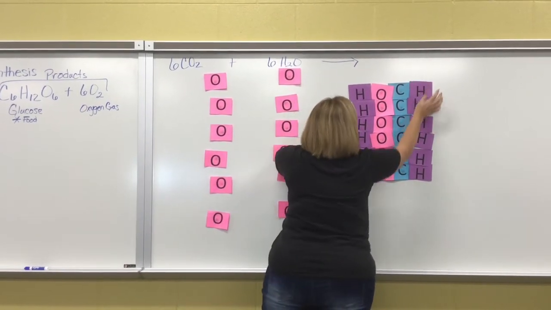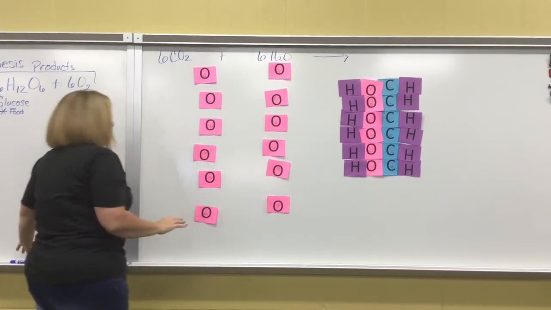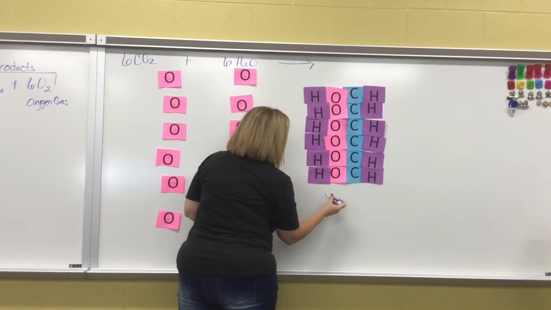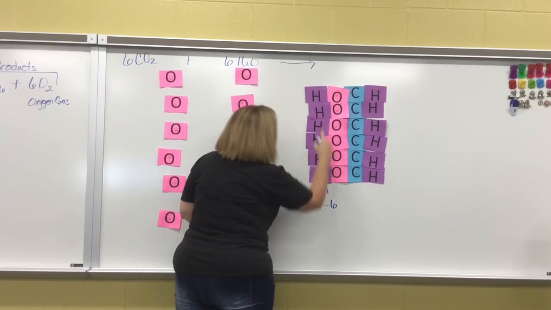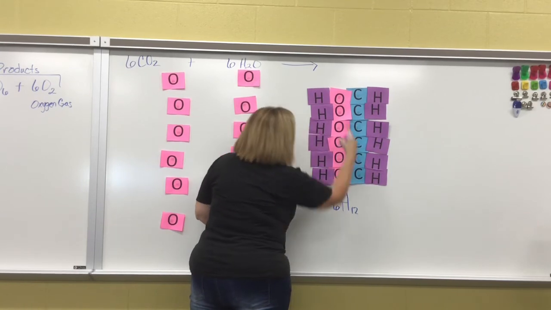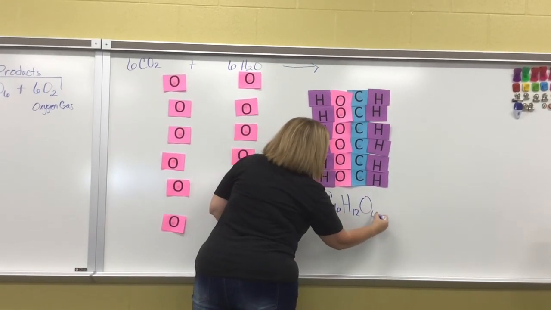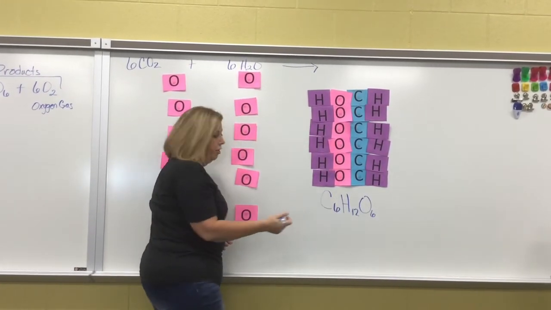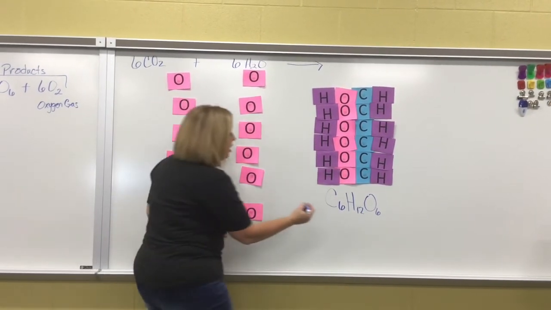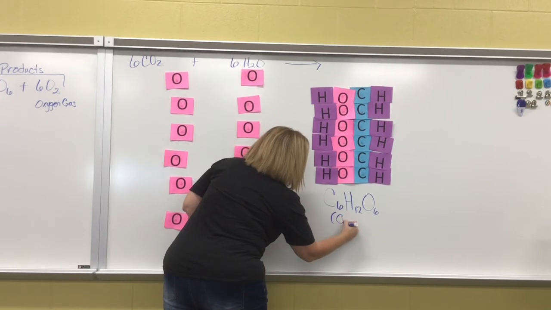Now, these are all touching because this is one big molecule. So that is C6H12O6. Now notice I don't have any pluses in here. This is all one compound. This all bonds together. That is one glucose molecule.